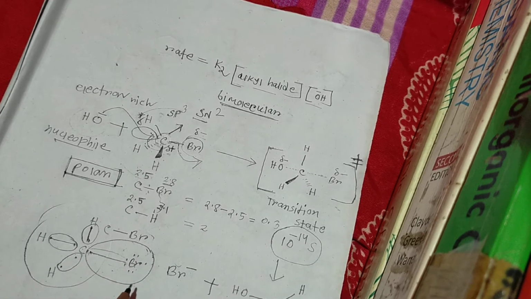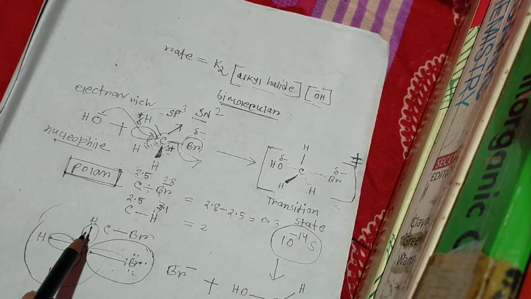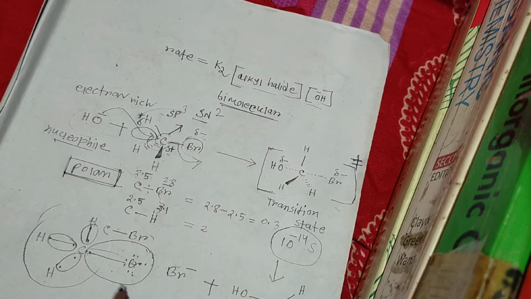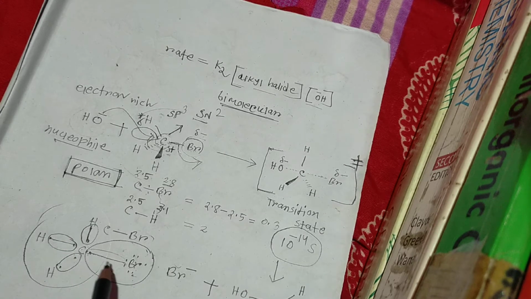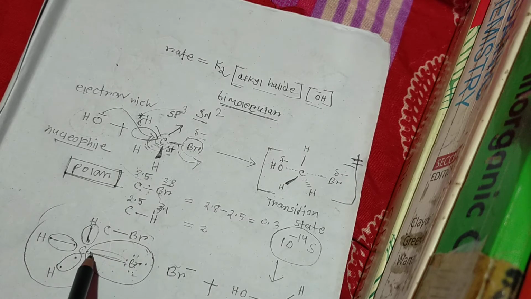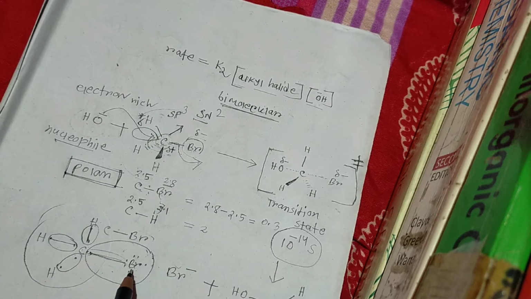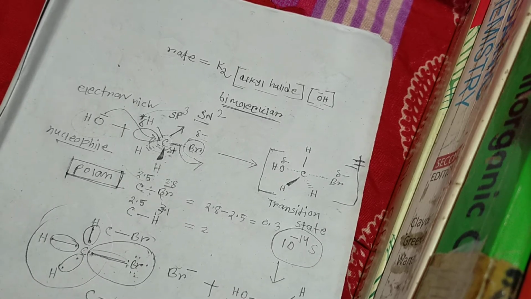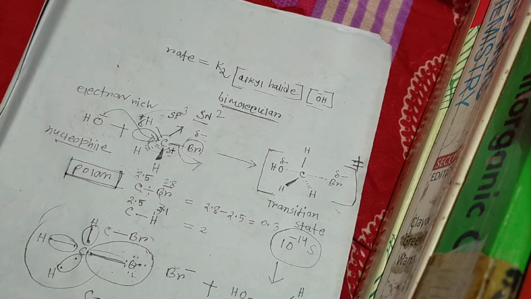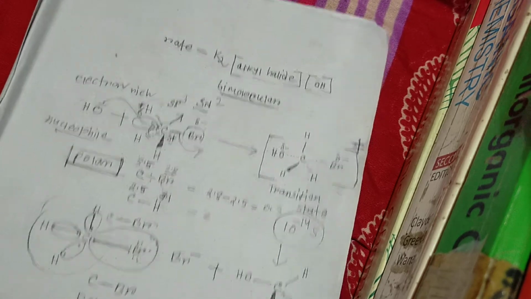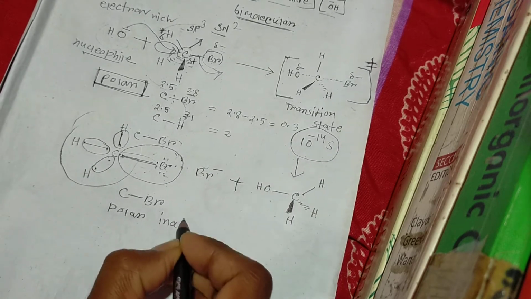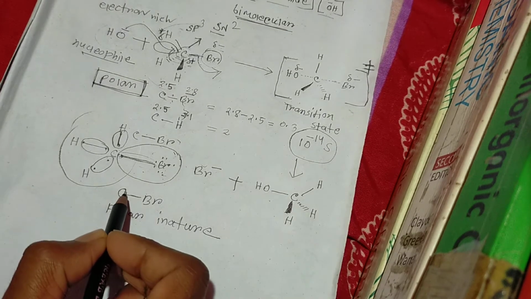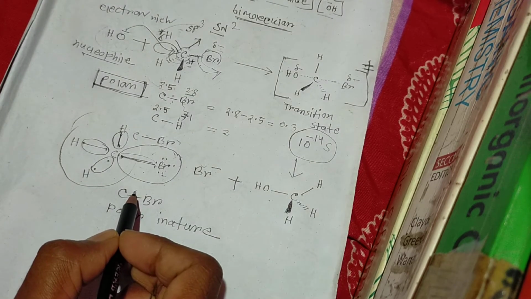But bromine is more electronegative than hydrogen. Okay, so bromine pulls the bonding electron towards itself due to its higher electronegativity than hydrogen. So this C-Br bond is actually polar in nature. Okay, so obviously this bond is very unstable.